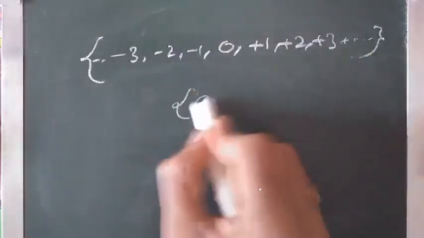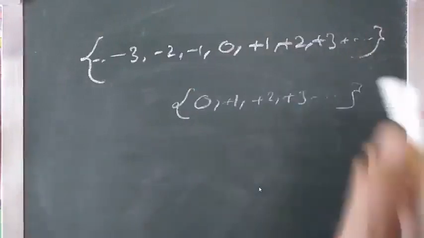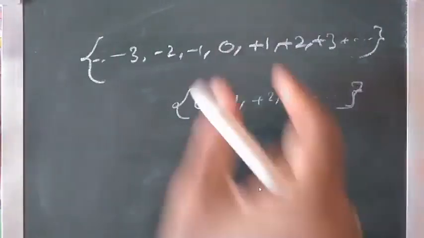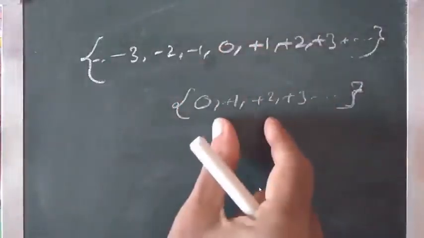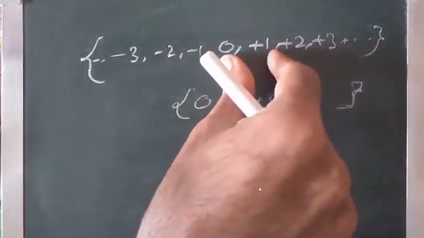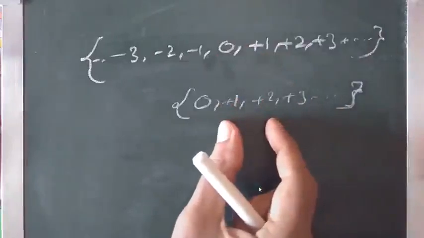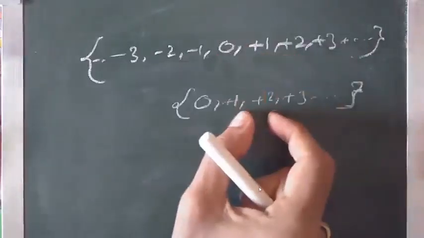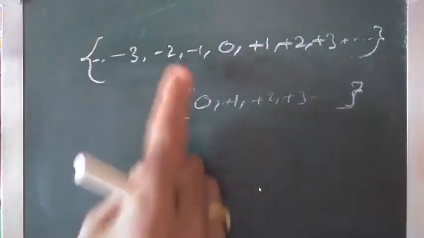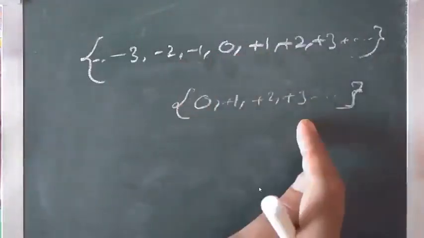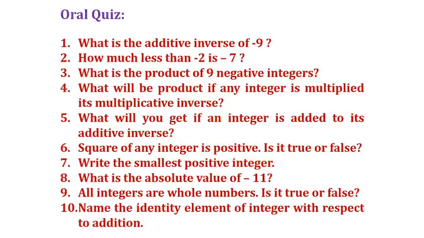You know that 0, plus 1, plus 2, plus 3 only. All whole numbers are integers, but all integers are not whole numbers, because whole numbers is a subset of the integer set. Minus 3, minus 2, minus 1 do not belong to the whole numbers. That's why all integers are whole numbers is wrong, false.